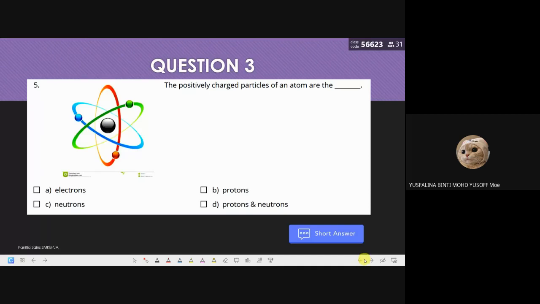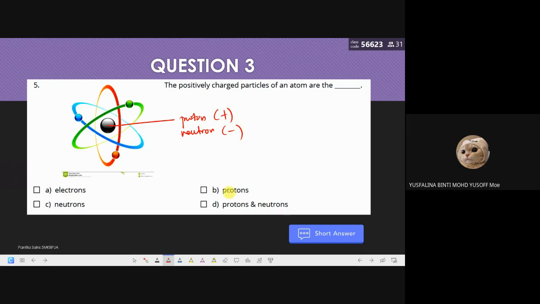All right. So the positive charge particle of an atom is actually proton. Inside of this, I already told you they have proton and neutron. Proton is positive.